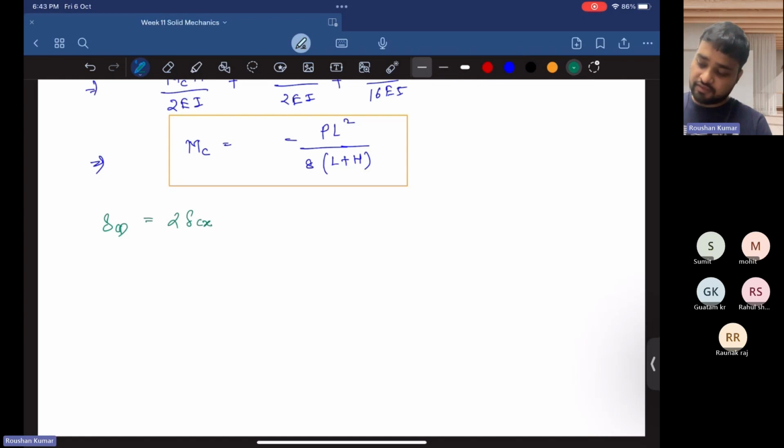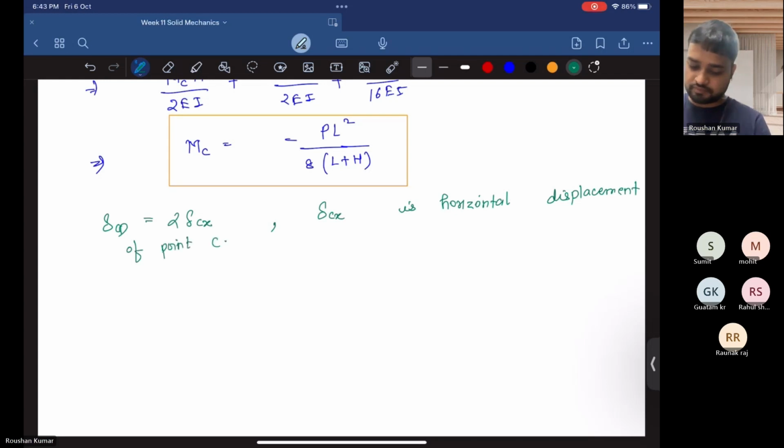Delta Cx is the horizontal displacement of point C. And here we have to find the value of delta Cx.